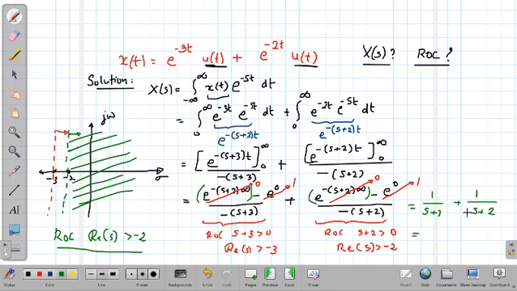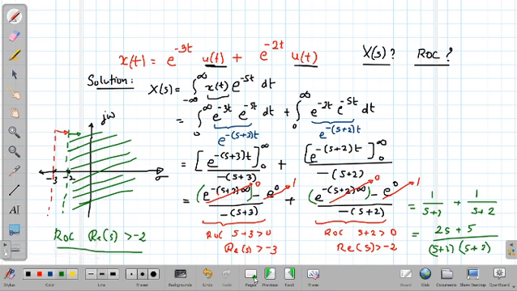It is s plus 2 plus s plus 3 divided by s plus 2 into s plus 3, which is 2s plus 5 divided by s plus 3 into s plus 2. So this is the final Laplace transform of this signal, and the region of convergence is given by real part of s greater than -2.